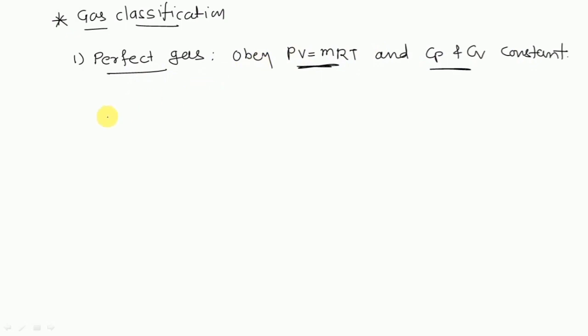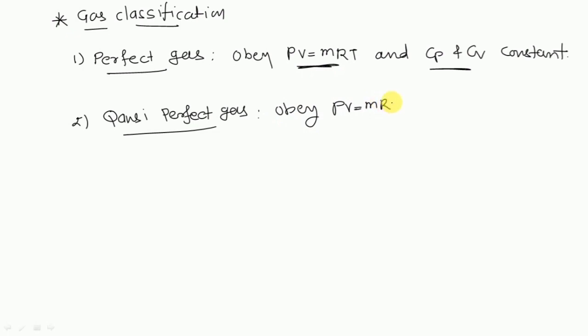Okay. The second one is the quasi-perfect gas. A quasi-perfect gas obeys the PV is equal to mRT relation, but Cp and Cv are not constant.